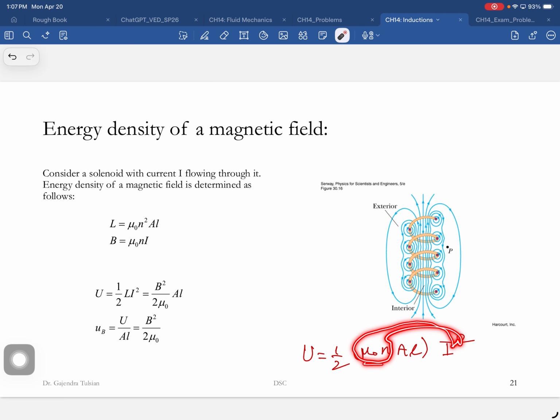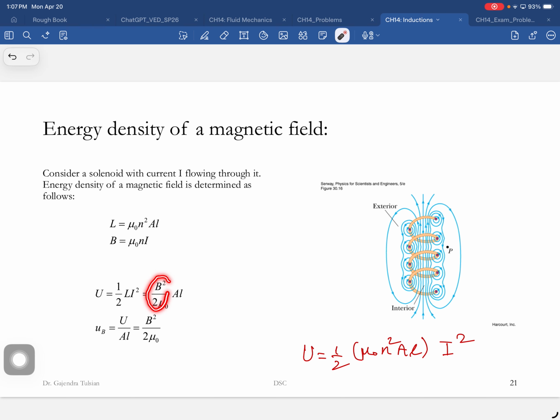N squared, I squared, mu naught squared, so divide by mu naught squared, so that can be written as B squared over 2 mu naught, and then you have the volume. Okay, so the energy stored is this expression times the volume of the solenoid.